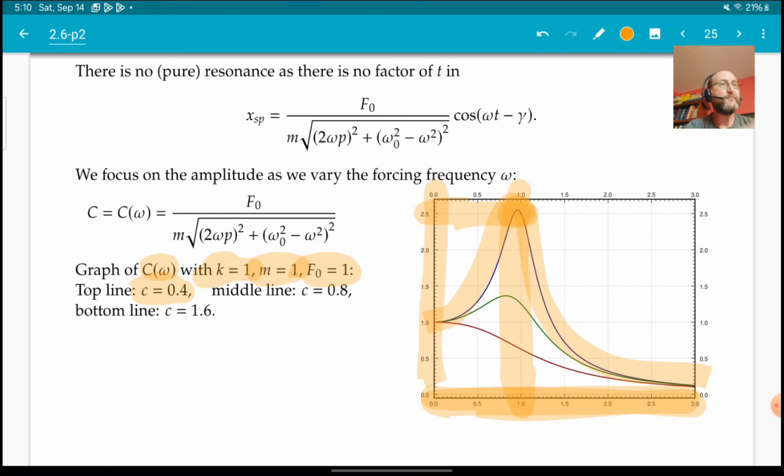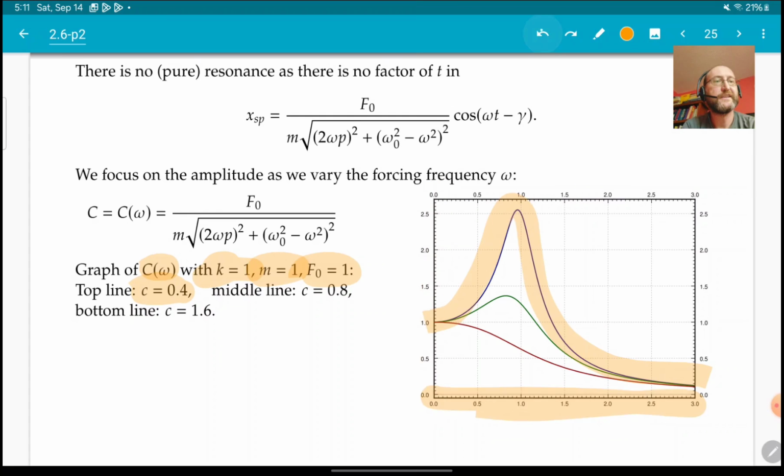And as I move the omega, if I make it, say, over here 2.5, then the amplitude is very small. As I move it towards 0, again the amplitude goes down. Okay, so that's 0.4.